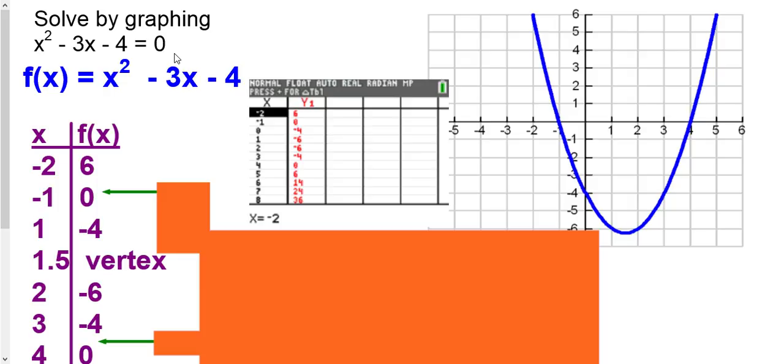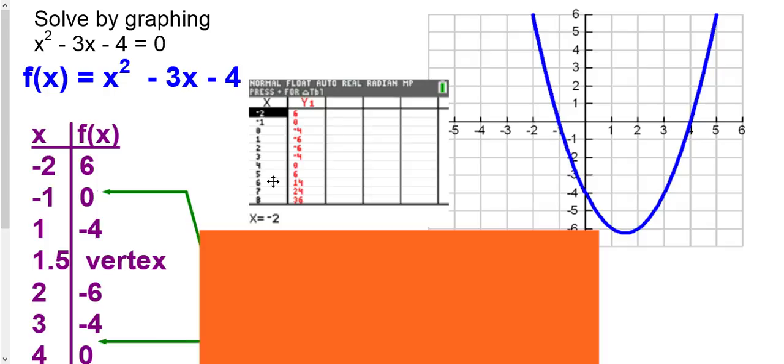Now we're wondering where our function's equal to 0, which is where we cross the x-axis. Well, we can see we cross at negative 1 and we cross at 4. We also know that we have 2 solutions over here because you can see where your output is 0.